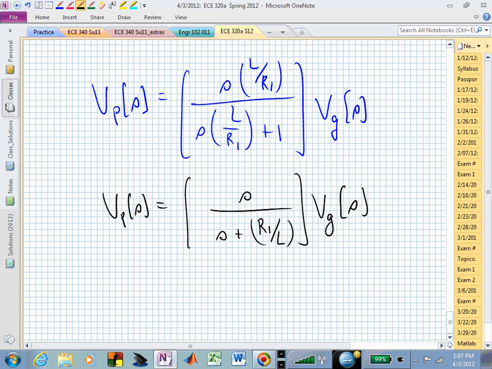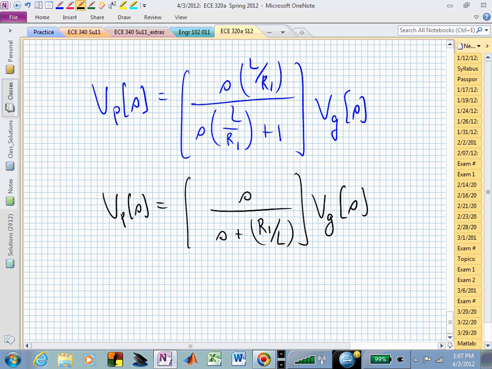Questions on that? That's now one transfer function between the input voltage and the non-inverting terminal of this op-amp circuit. And where is my zero located? At zero, at the origin.